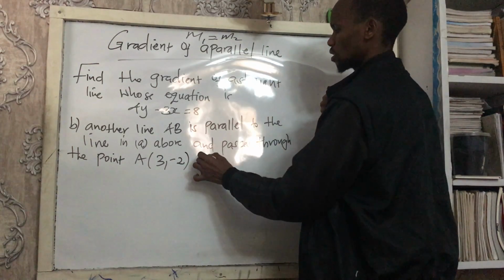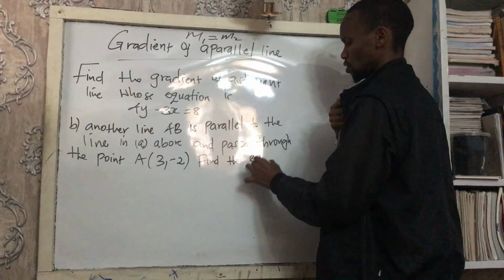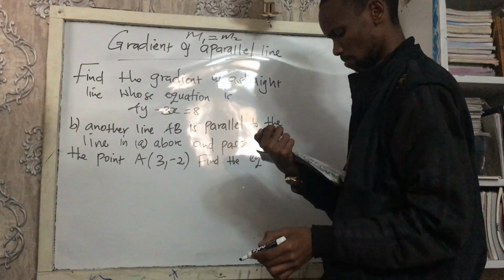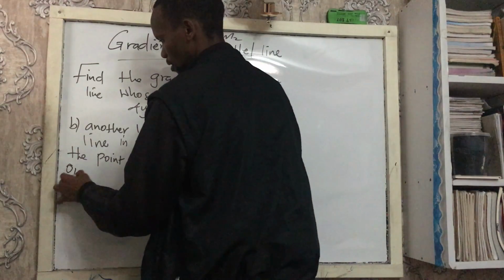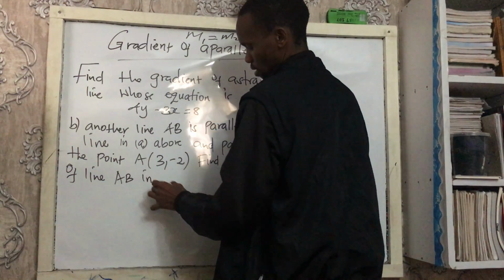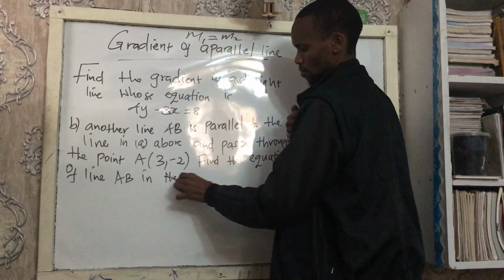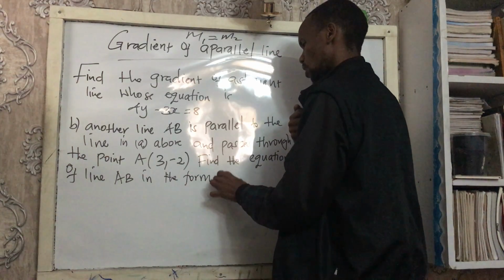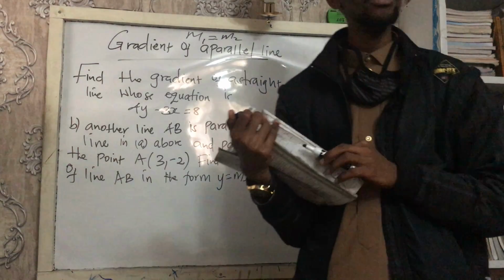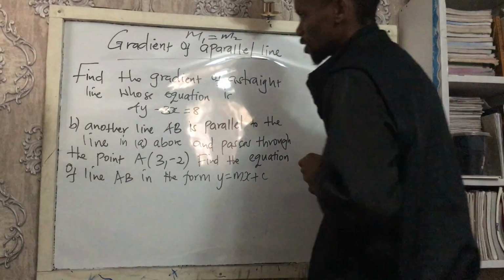Find the equation of line AB in the form y equals mx plus c.